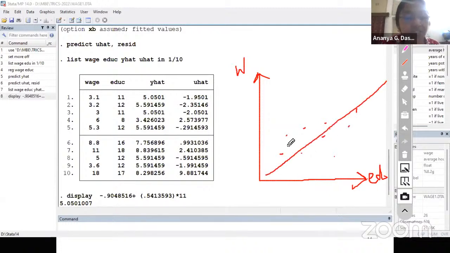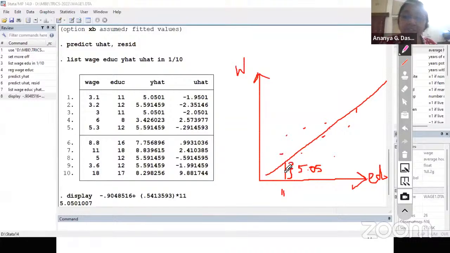For the very first observation, for someone who has, let's say, 11 years of education, my model is saying that this person should be earning 5.05 as his wage, but this person is actually earning a lot less.